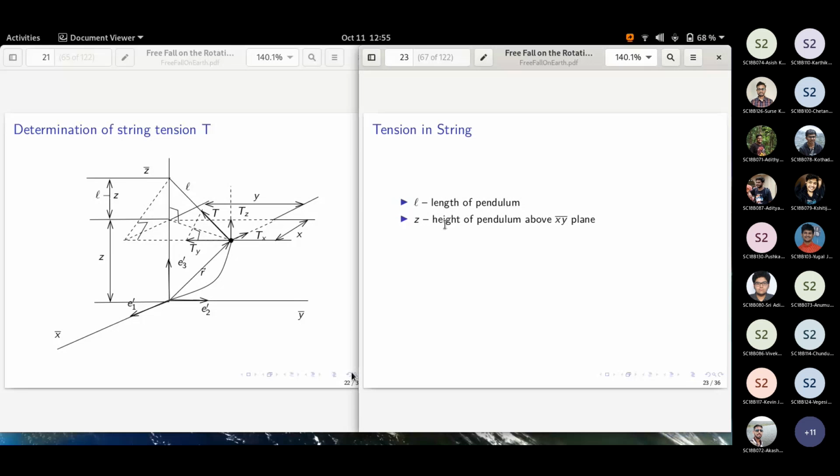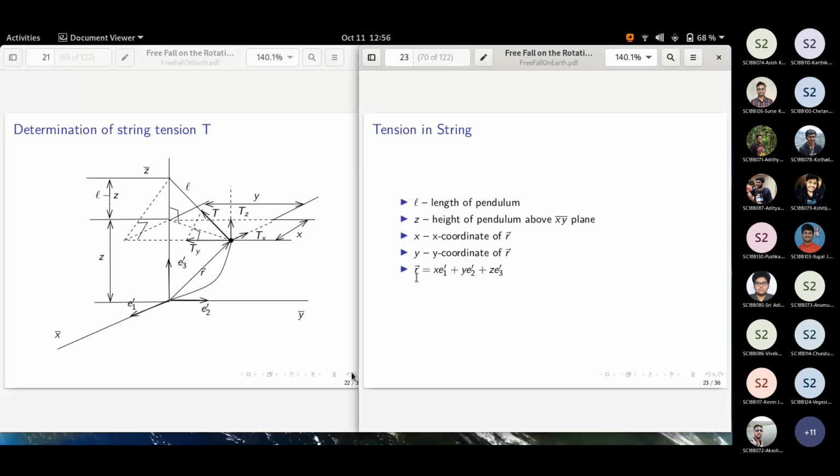That is your z, the height of the pendulum above the xy plane. Then x is the x coordinate of the position vector r, y is the y coordinate of the position vector r, and z is your height above the plane, which is your z coordinate, obviously. And then L minus z represents the length from the pivot point to the point where the perpendicular has been dropped from the mass point.